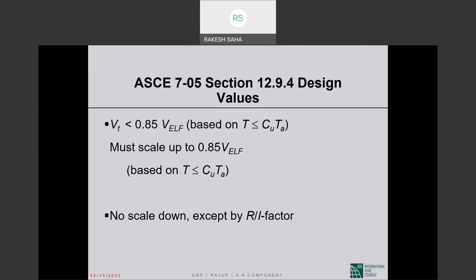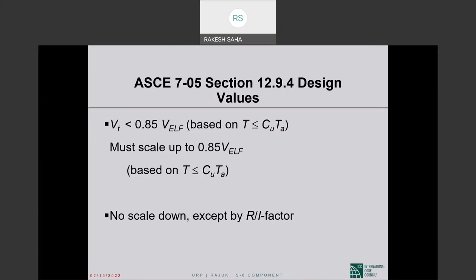Okay, then we are doing all of this, but we don't want to cut our ties to the equivalent lateral force procedure. Somehow we have a lot of confidence in it.